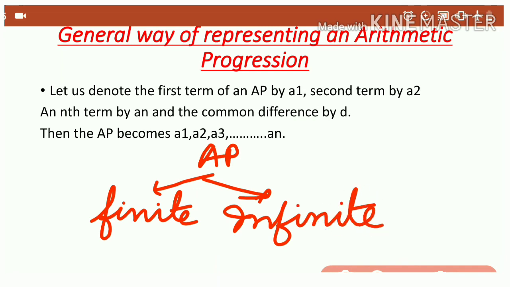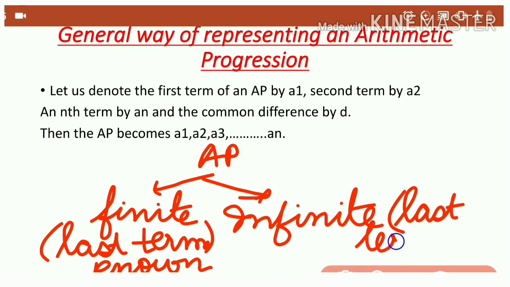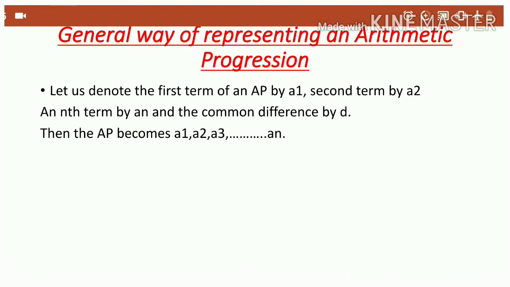As the name sounds, finite means the last term of the series is known to us. Infinite series means the last term is not known to us. Okay, so let's proceed further.